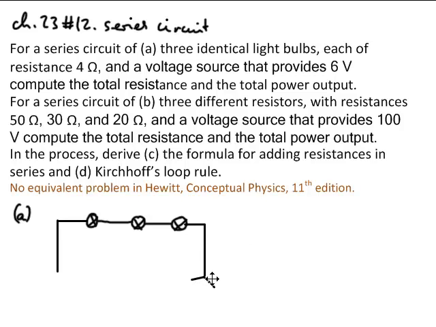Oops. And actually I noticed that on the last one I put, on the applet, I put an ammeter there, so I'm going to put that here too, except that wasn't drawn very nicely, so there we go.